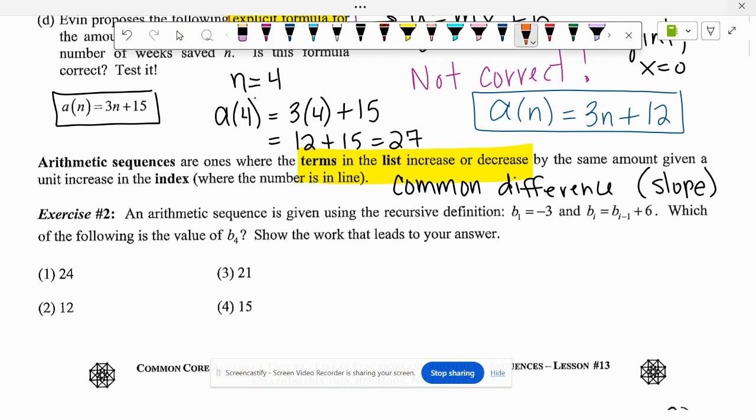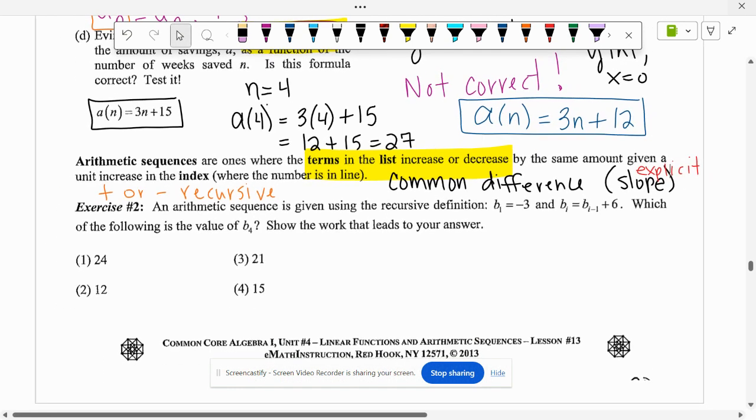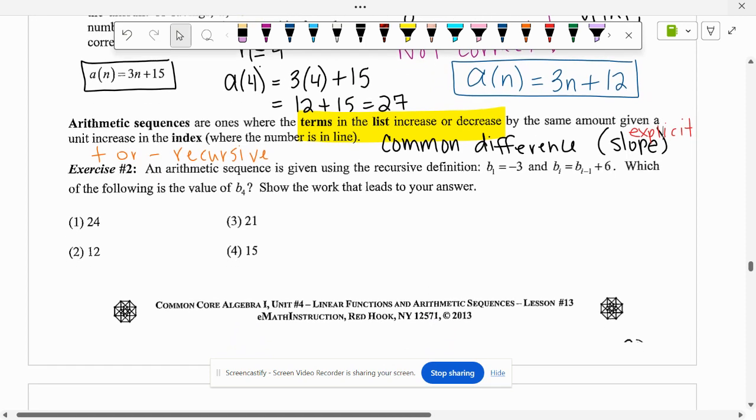So it's a common difference. It's how much you add or subtract. So it's the amount that you add or subtract in the recursive form. And it's actually your slope in the explicit form. Okay? It's your slope in your explicit form. It's kind of cool that you can have two different equations that mean the same thing.